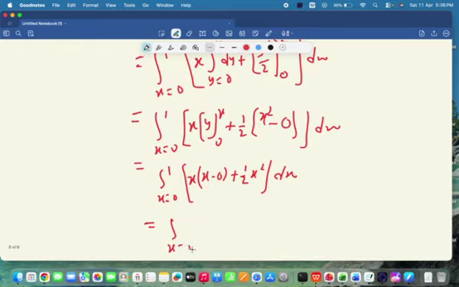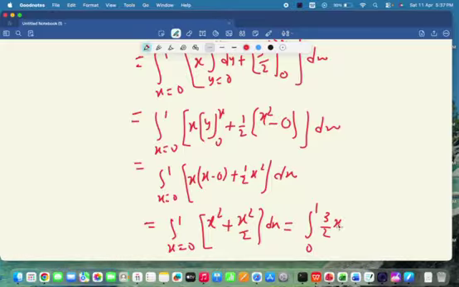Solve x is equal to 0 to 1, and this x minus 0 is x, so x square plus x square by 2, whole dx. This is x square plus x square by 2. We can write 3 by 2 x square dx.